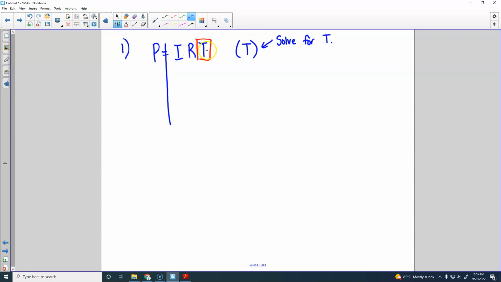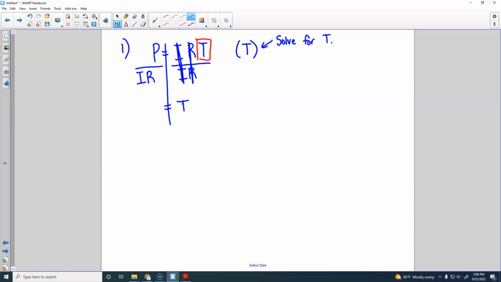I times R times T. So if I want to get rid of this I and this R, I could divide by I and R. And over here on the right-hand side, the I's will cancel, the R's will cancel. It will leave me with just a T over here.